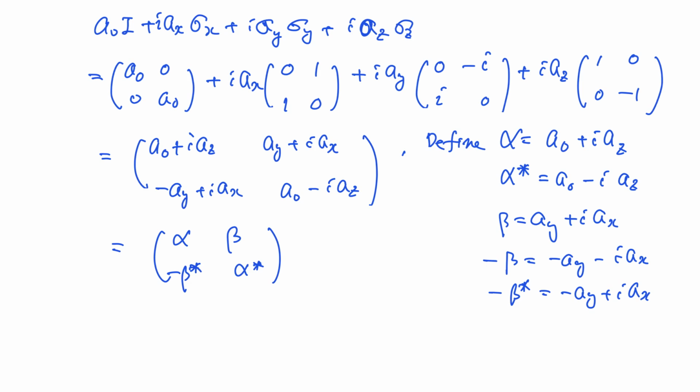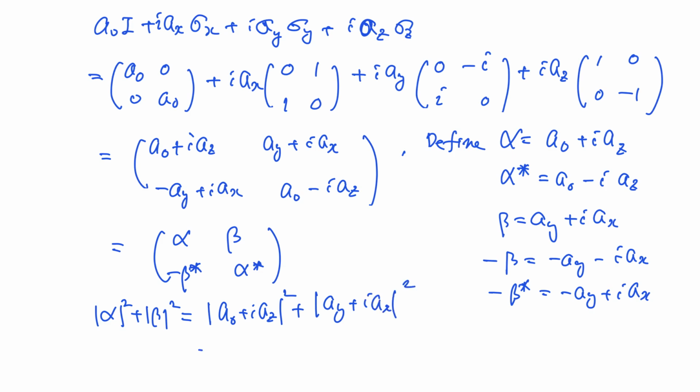And how about alpha squared plus beta squared in magnitude, which is A0 squared plus A_z squared plus A_y squared plus A_x squared, right? So this is 1.